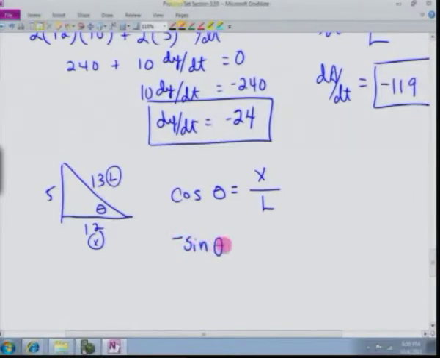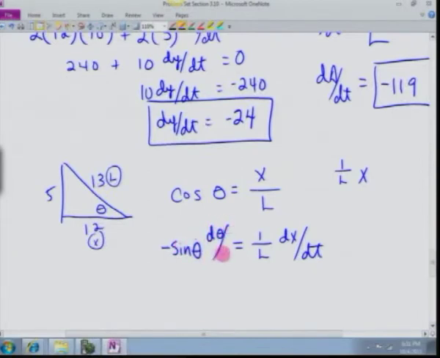So negative sine theta equals, and if you think of this as 1 over L times x, what would the derivative of that be? 1 over L times dx dt. Because isn't that what we're looking for, d theta dt?